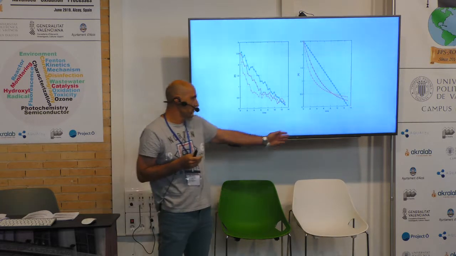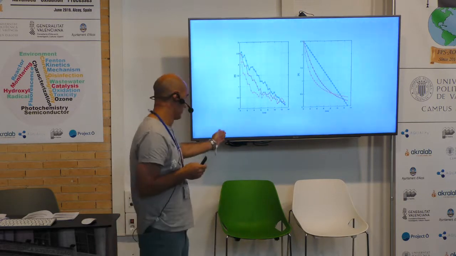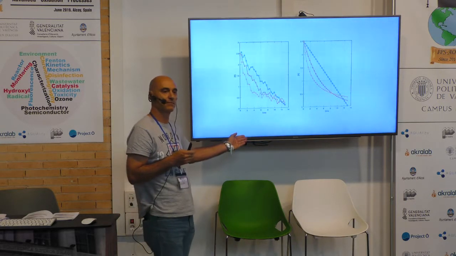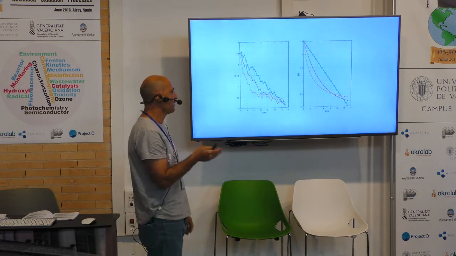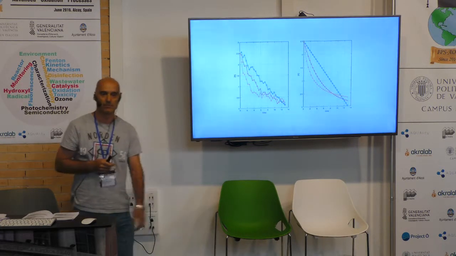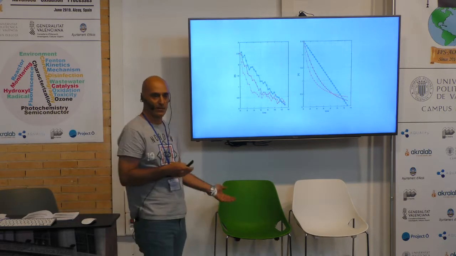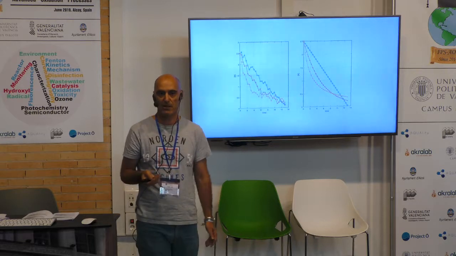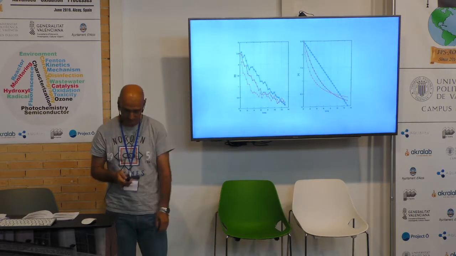This is all with no error, and this is what you really get. Can you directly, just by eye, tell which is the right one? So this is what adjusting kinetics is about right now. You need to find the right curve.